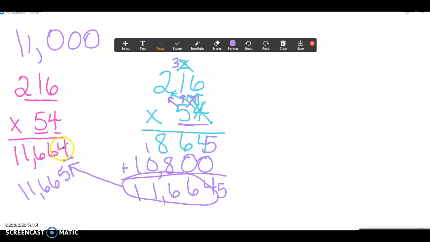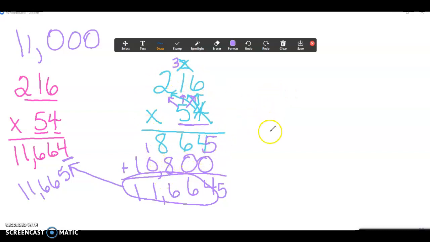So what I would suggest you do is if you are doing standard algorithm, like this is the method, and you say to yourself, you know what, I'm not 100% sure that that is the correct answer. I see I'm in the ballpark, but I don't know for sure. You have two options at that point. Either do the standard algorithm again, okay?